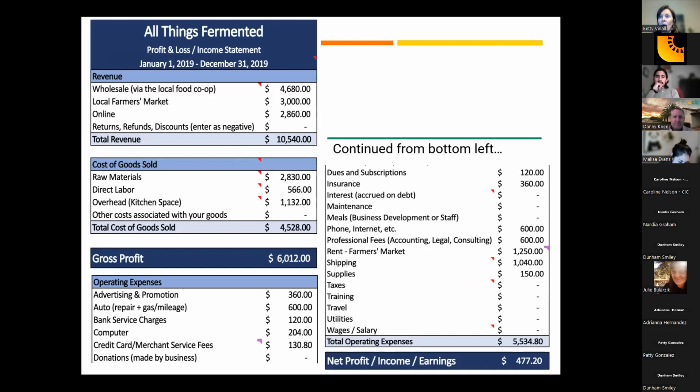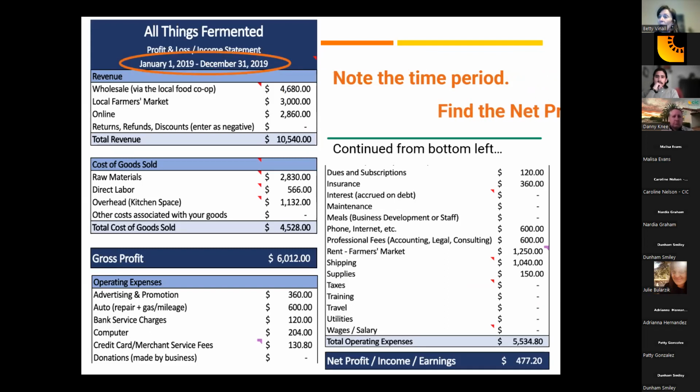Now we have All Things Fermented profit and loss. So like we learned last week, the profit and loss summarizes a period. And so let's note the time period. This is a full year. Now we're going to find the net profit, which is on the profit and loss, is your revenues less cost of goods, less expenses.